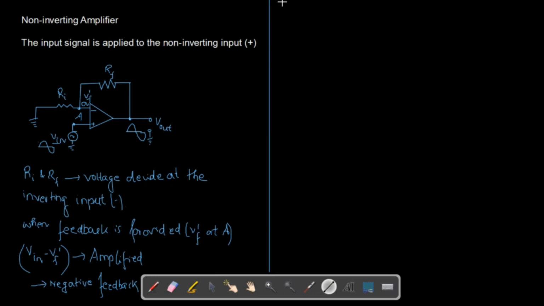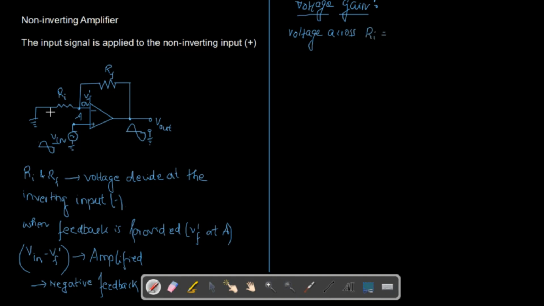Okay, so we are just going to look into the voltage gain of this. Voltage gain. Okay, so the voltage across Ri.